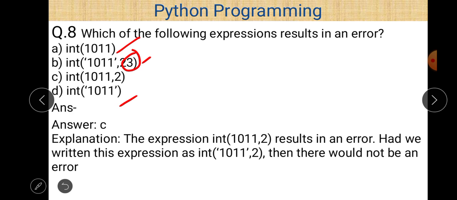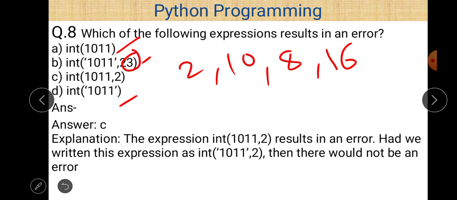So normally we use 2 for binary, 10 for decimal, 8 for octal, and 16 for hexadecimal representation. So here 23 is given, which is not a standard representation, but it will not give any kind of error because we can convert in any type of number system. Okay, so it will also not give you any kind of error.